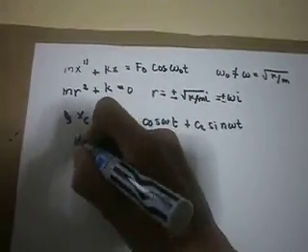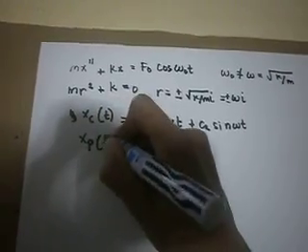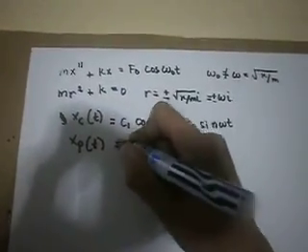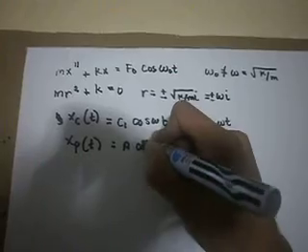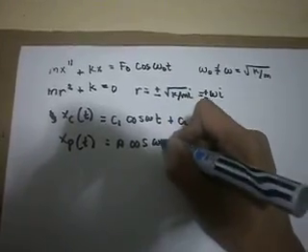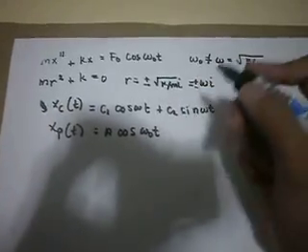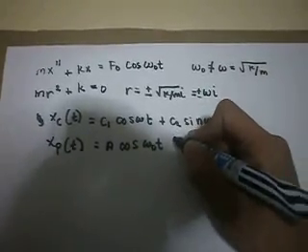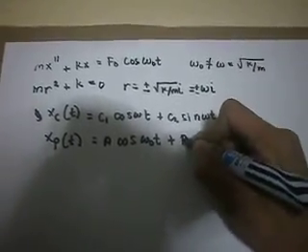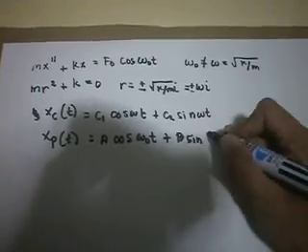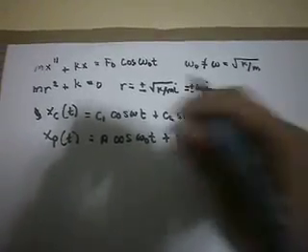We can have this guess: x of t is equal to A cosine of omega_0 t, since omega and omega_0 are not equal, plus B sine of omega_0 t.